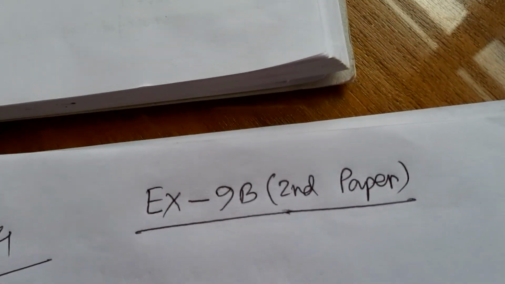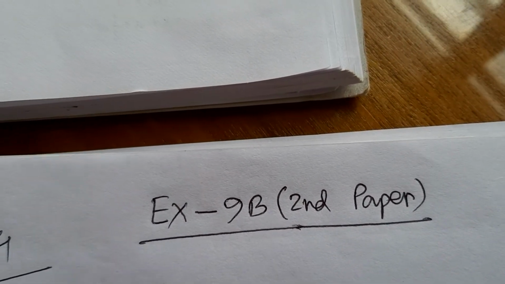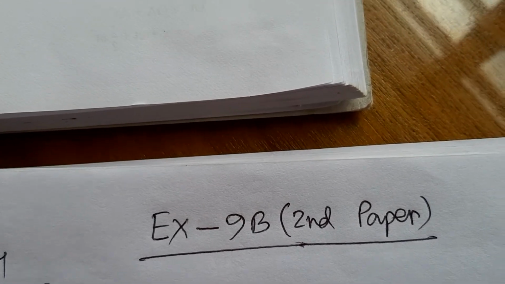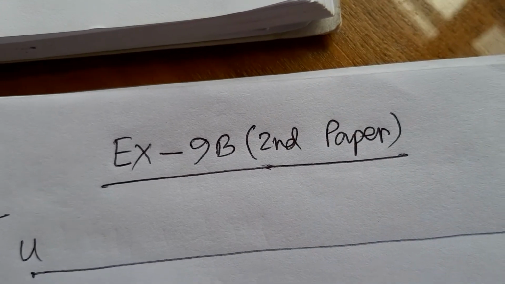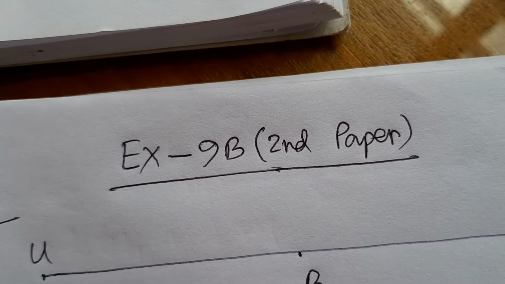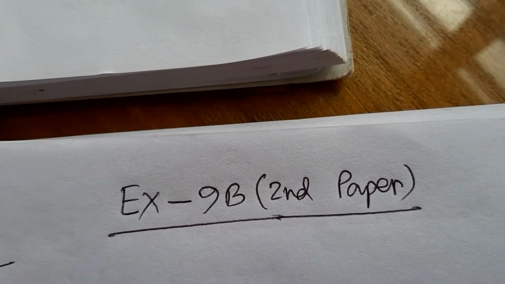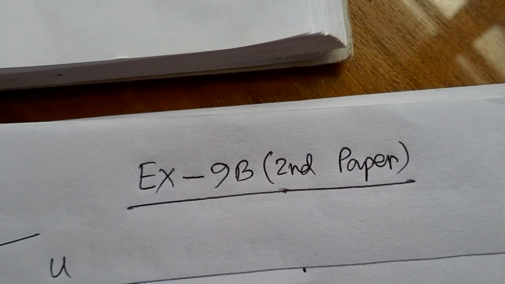That means here a particle is moving, suppose from point A, and at first we consider its initial velocity u. For the distance AB, the whole distance, the particle moves with uniform acceleration f.